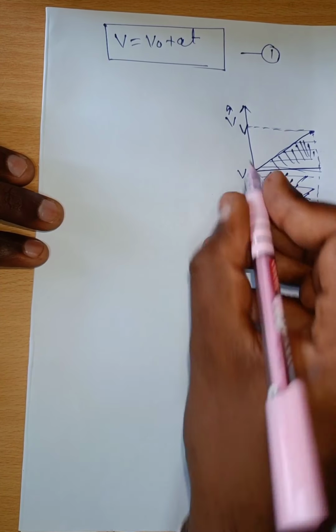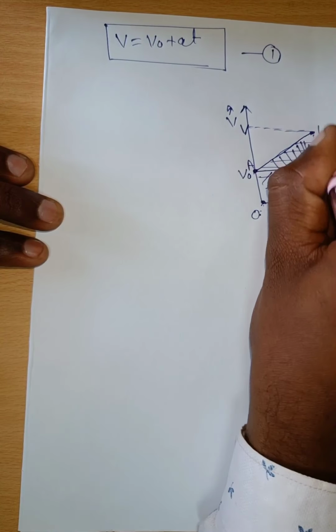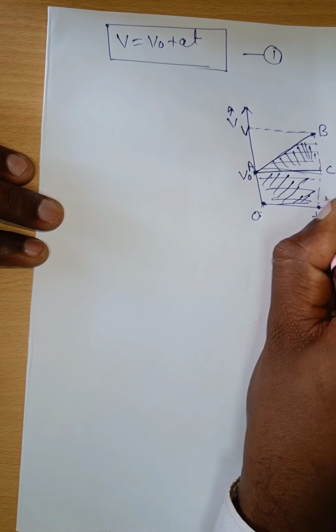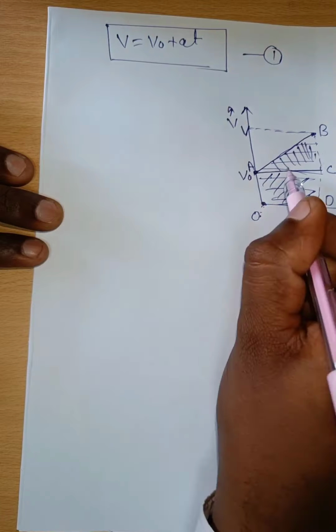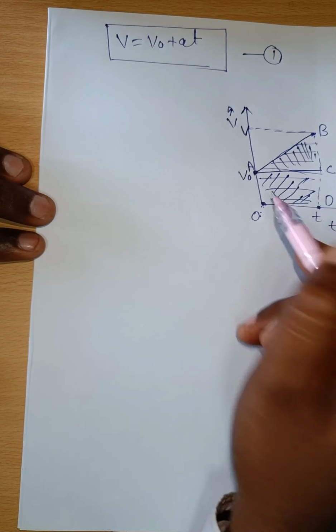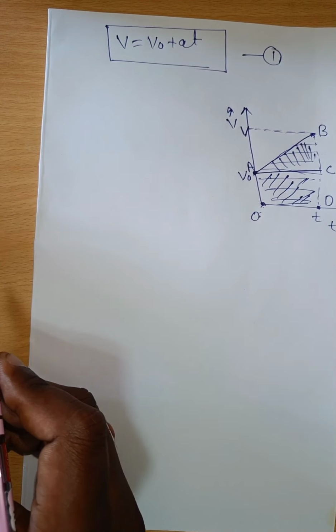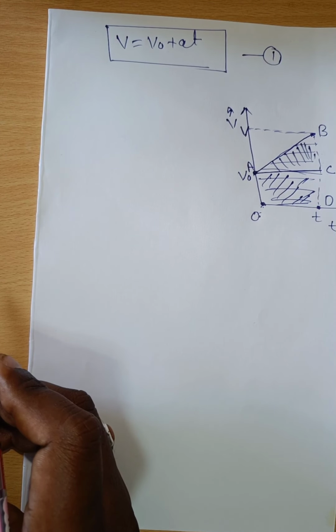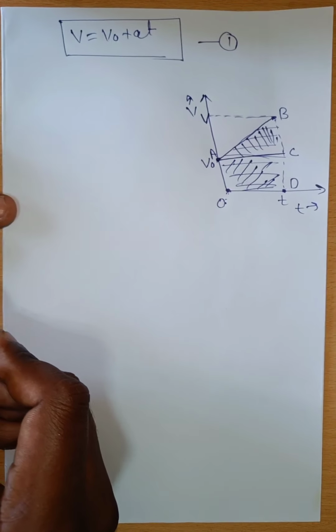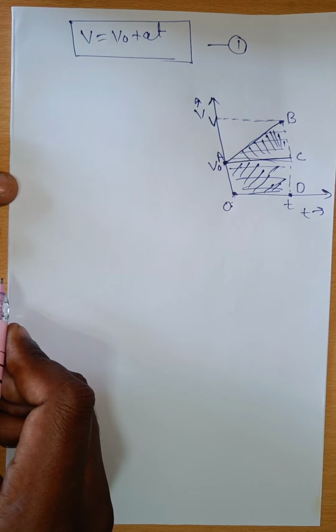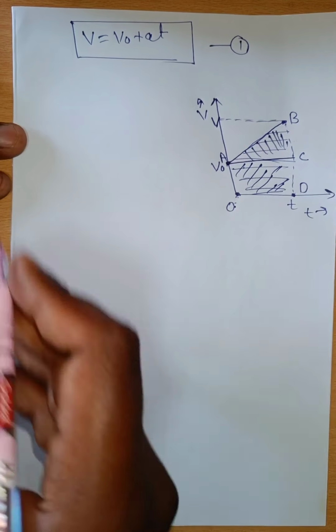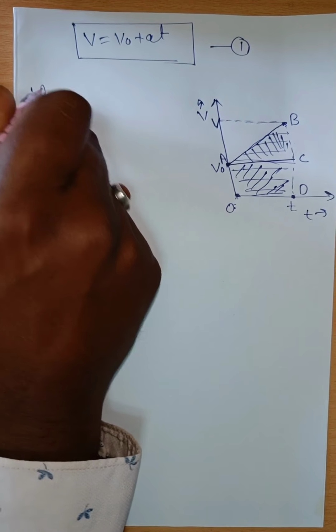Now here is O. We have to write here A, here point B, here point C, here point D. Area under the curve represents displacement. We have already seen in the previous lecture that area under the v-t graph is equal to displacement.